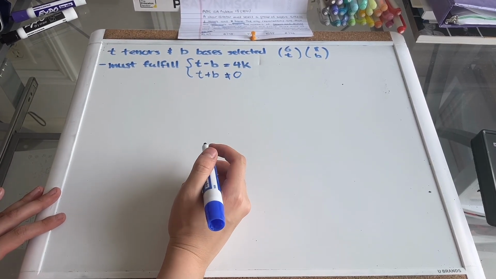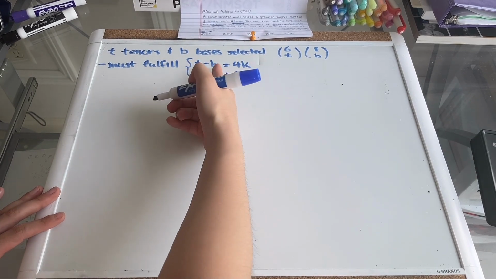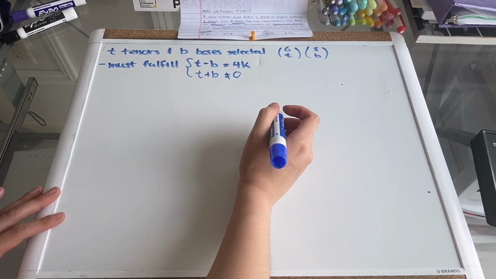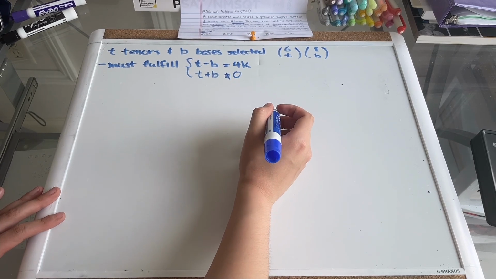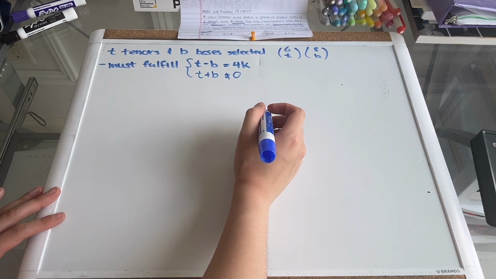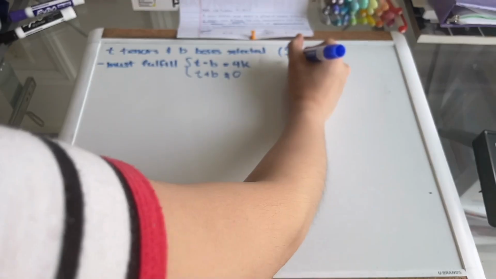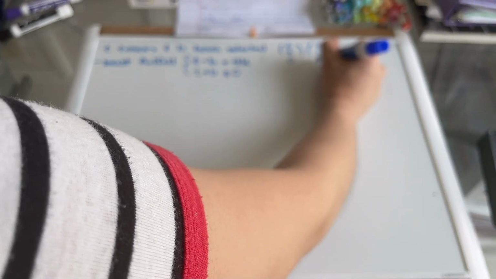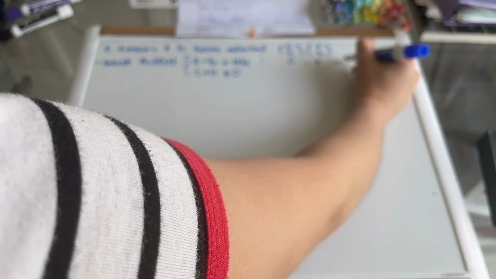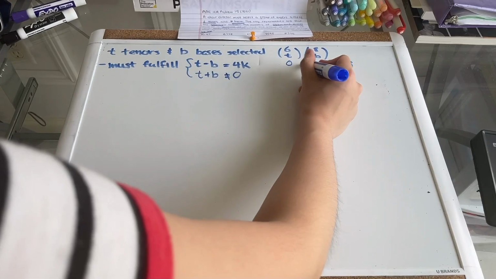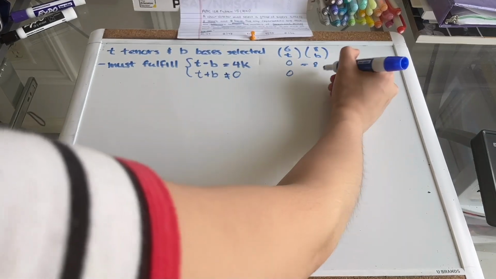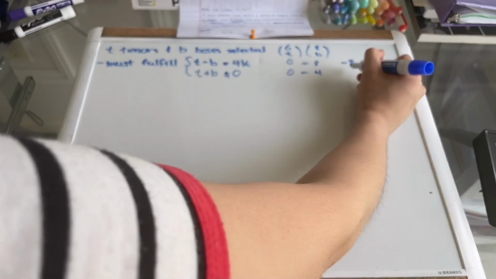Now the first thing we have to look at is that T minus B has to be a multiple of 4. So the multiples of 4 can be 0, 4, -4, and -8. Why is this? Because we can have 0 tenors and then 8 basses, and then the difference would be -8. And if we had 0 tenors and 4 basses, we would have -4.